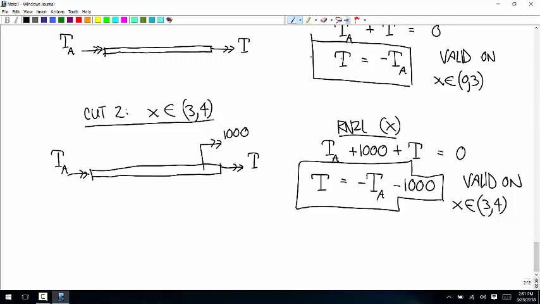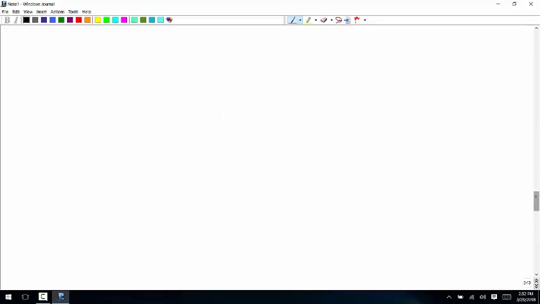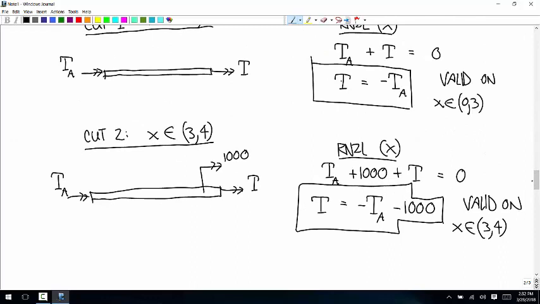And now we want to use these expressions for the internal torque to calculate the angle of twist that we get for the entire beam. By the way, so we have this expression T. Why did we have to go through all this to come up with T as a function of TA? Why didn't we just leave that as a variable T?